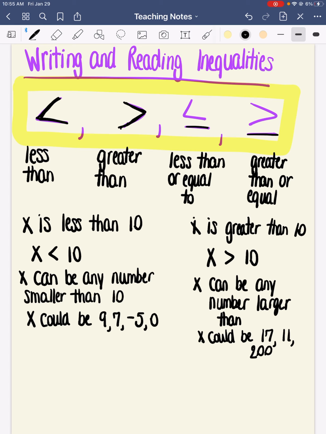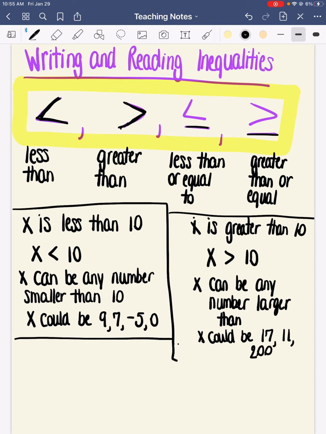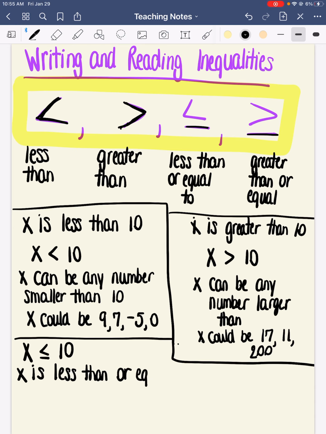Any number, though, that would be greater than 10. Now, if I wanted to include 10 in that, let's go ahead and box these off here, so for the purposes of taking some notes, it'll be a little easier to read. If I wanted to include 10 in there, I might need to put x is less than or equal to 10. So that's how this would read. X is less than or equal to 10.